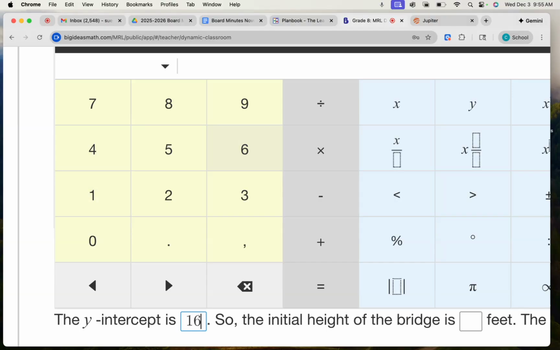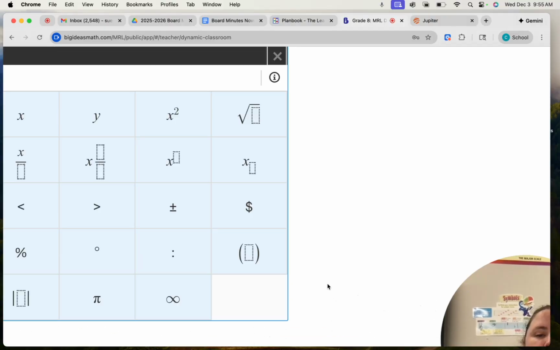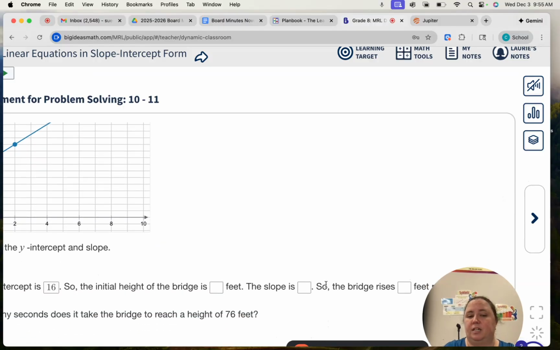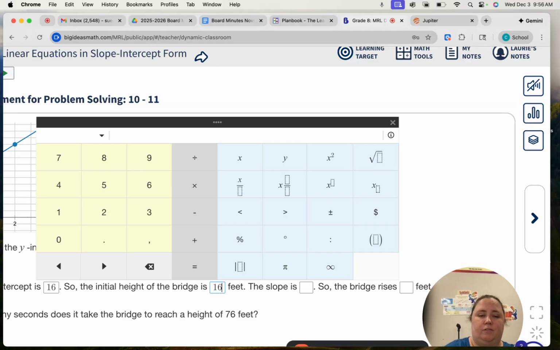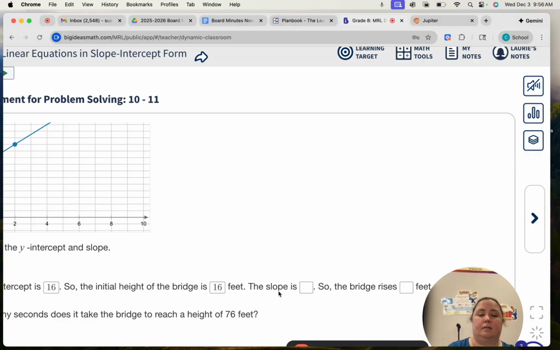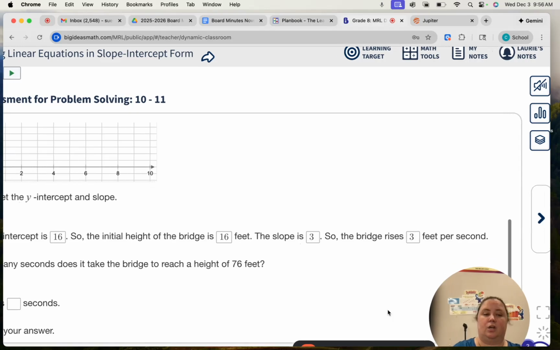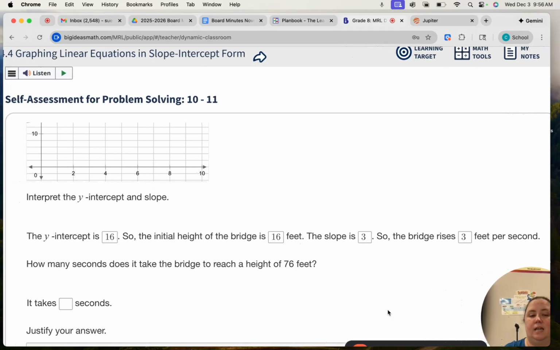All right, and then down below, interpreting. The y-intercept is what? The initial height of this bridge is how many feet? 16. We started at 16 feet. The slope was 3, very good. So the bridge rises 3 feet per 1 second.